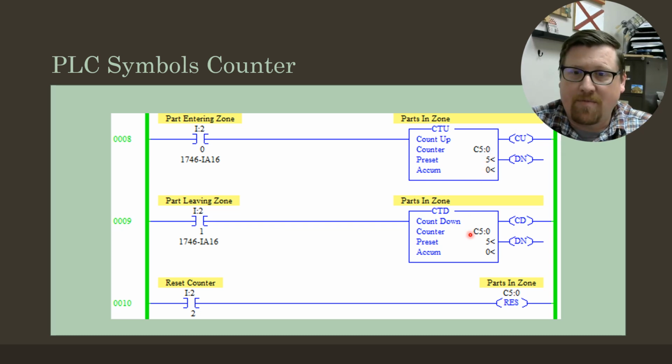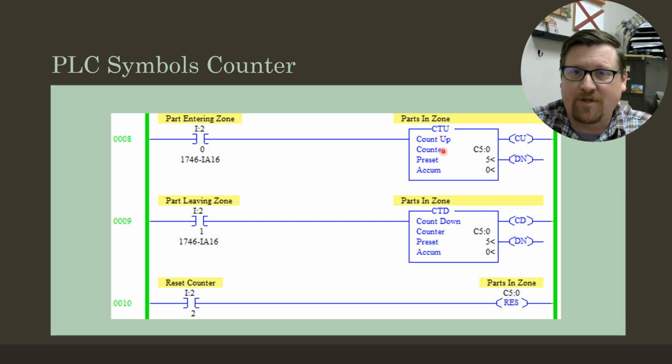If you notice, both of this is addressed as C5:0. If I address a countdown timer with the same address, then by using this second switch, if this switch is activated, it's going to count down 1. So if I had one switch counts up, another switch counts down, there's different things I can do with that. But I have a count up for the count up timer.